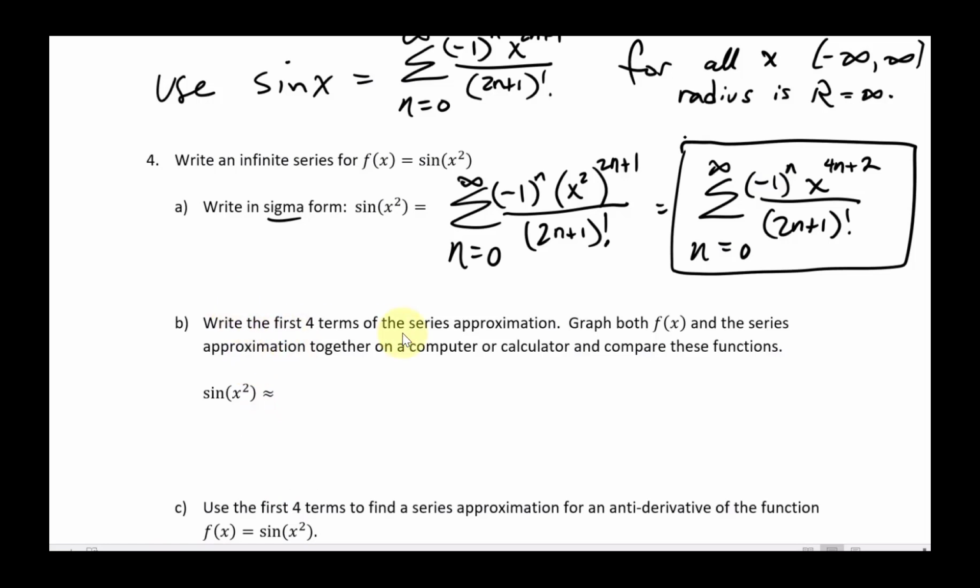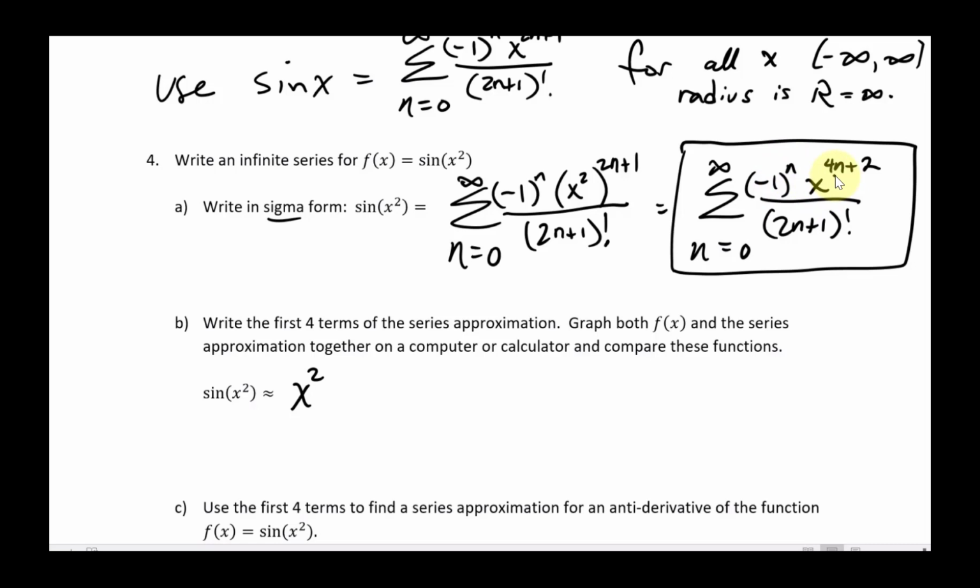Now let's get the first 4 terms of the series approximation. We'll write out the first 4 terms and graph both the original function f of x and the series approximation on the computer or calculator and compare them. So what are the first 4 terms? I'm just plugging in 0, 1, 2, and 3. When I put in 0, I have -1 to the 0, that's positive, that's just a 1.